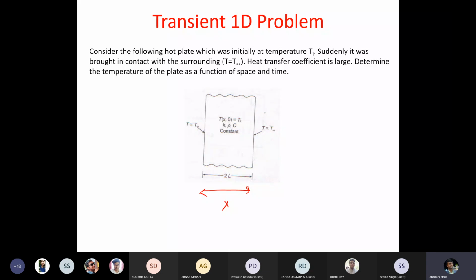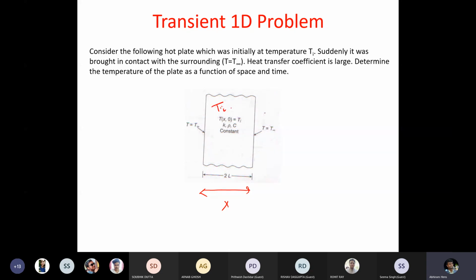So the problem states that you have a hot plate like this, which has an initial temperature Ti at all the points. T(x,0) means T is a function of space and time, and at 0, the very initial moment, it has temperature Ti. So initially all points of this plate have temperature Ti.